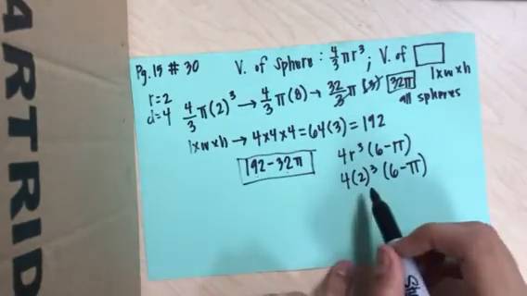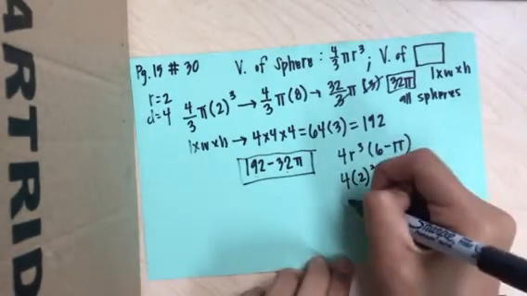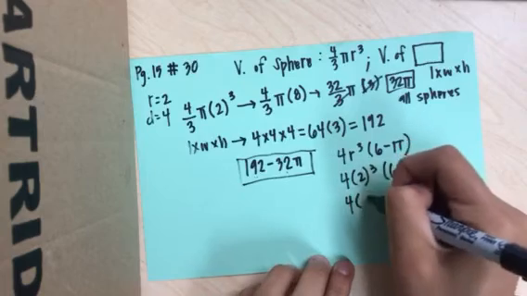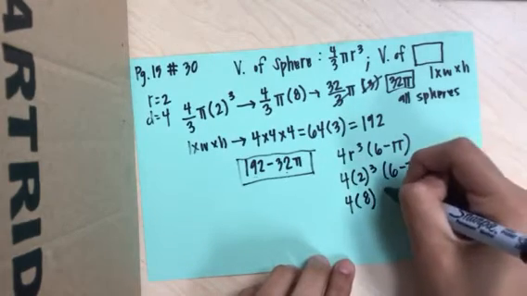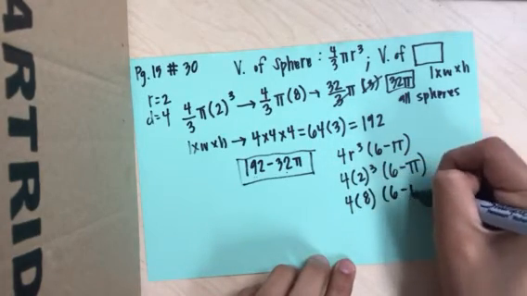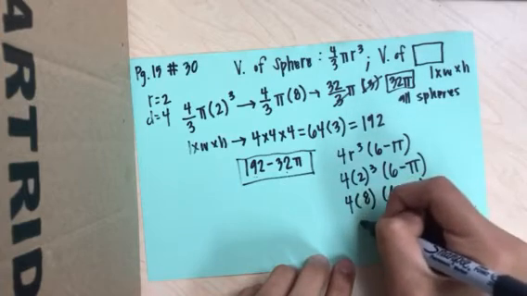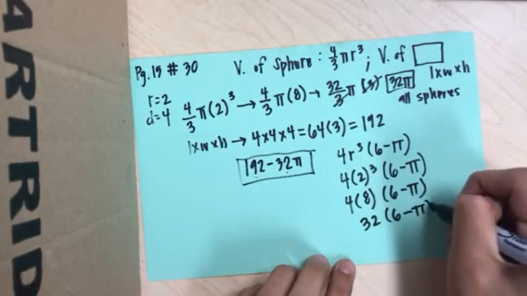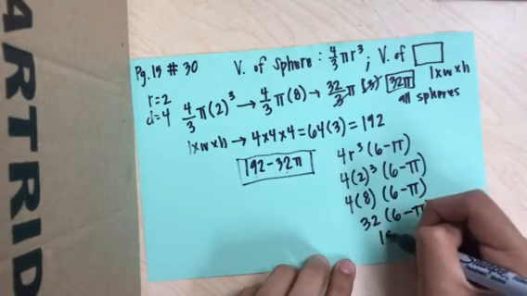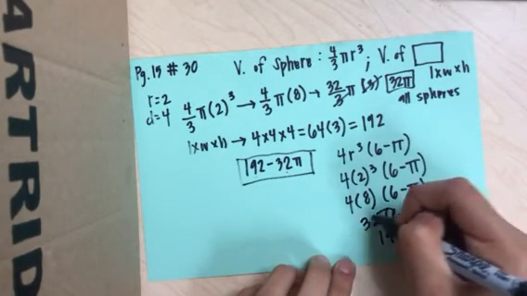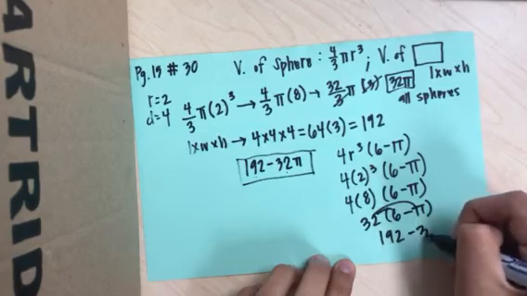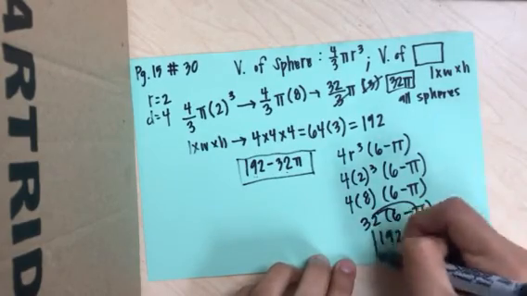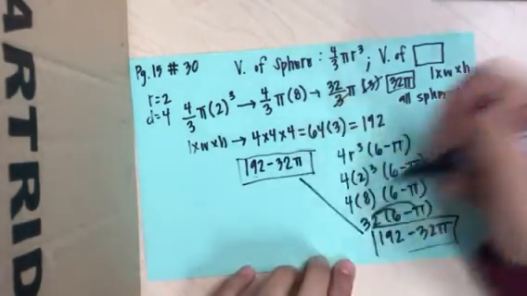So we know it's going to be 4 times 8, and then it's going to be 6 minus pi. So when you know this is 32, then we're going to do 6 minus pi again, and that's going to be 192. We're distributing negative 32 pi. So we know our answer is C because we got a match.